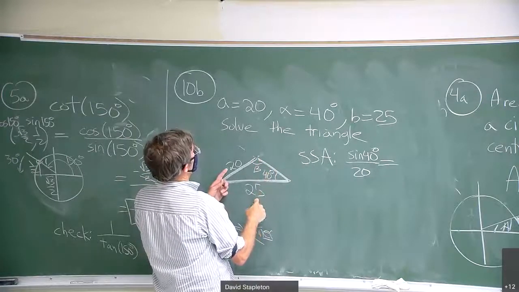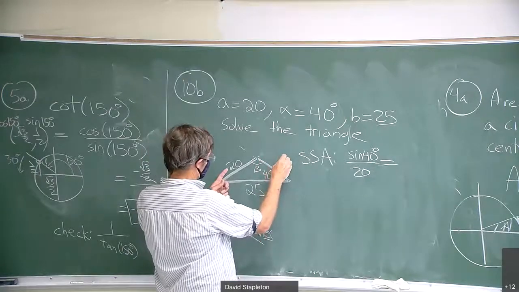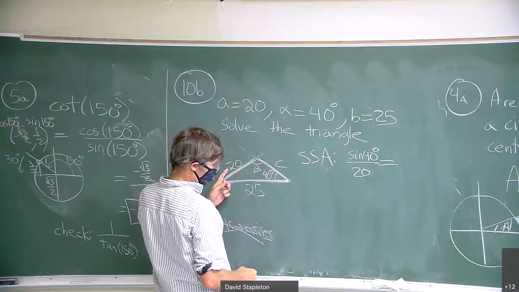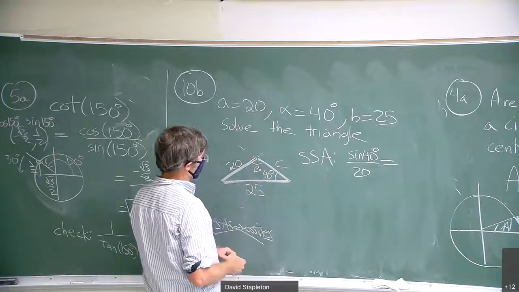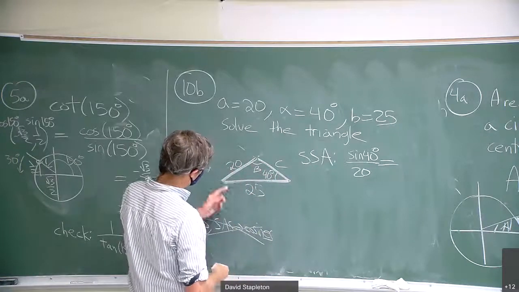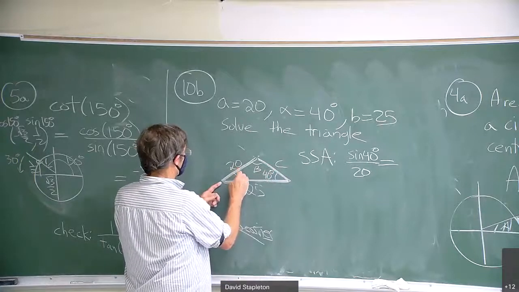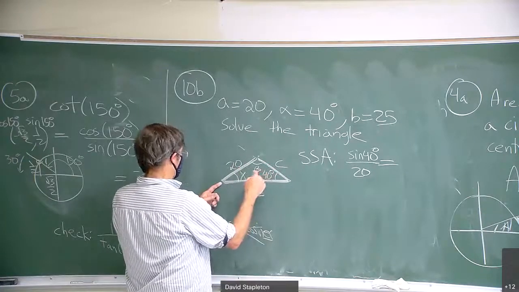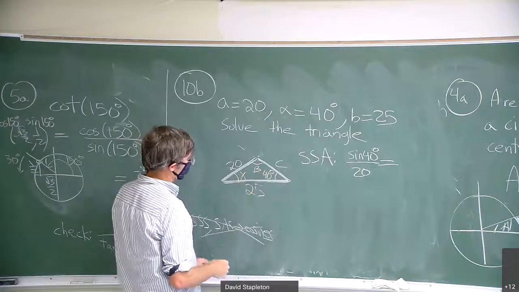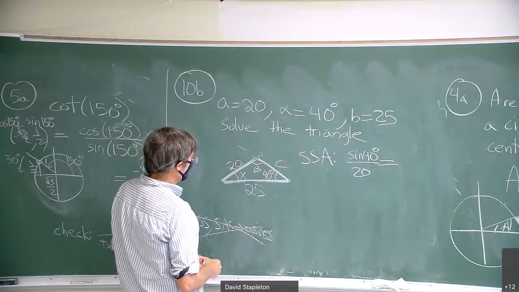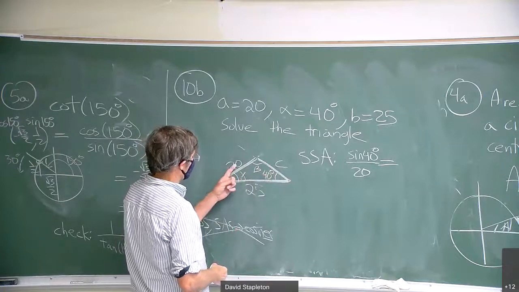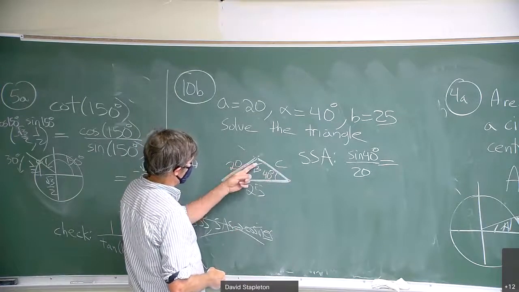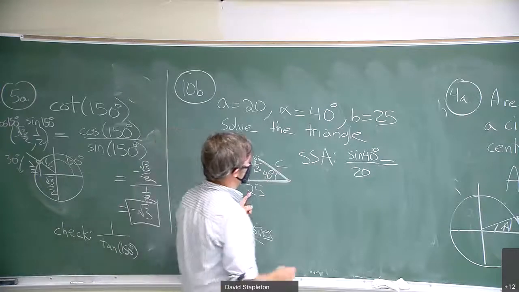What's left, 20 and 25 are A and B, so this one must be C. On oblique triangles, it doesn't matter which side you call A, B, C. Just put A opposite alpha, B opposite beta, and C opposite gamma. So opposite C, I have to put gamma. And I'm trying to find beta, gamma, and C of this triangle. Sine 40 is to 20, its opposite side, as sine beta is to 25, relates the other numbers.